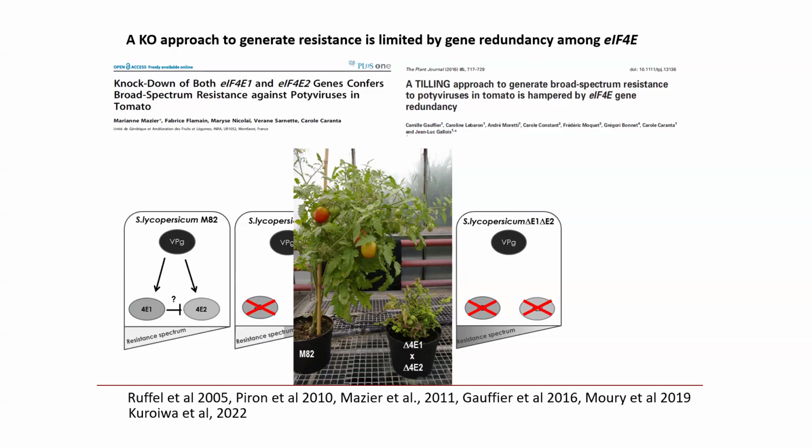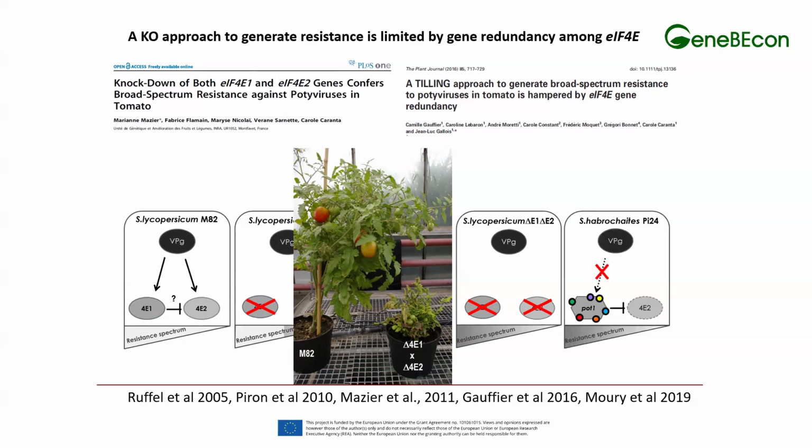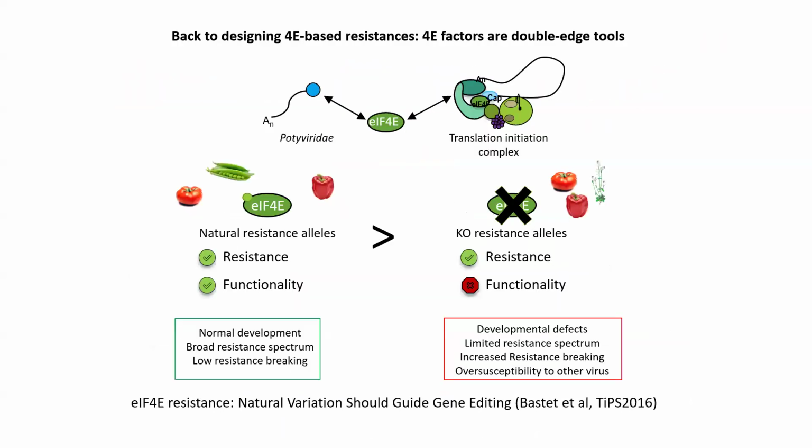And what we know from studying the natural variability is what's going on in a wild accession, for example. As I said, you don't have gene knockout, but you have gene modification associated with amino acid changes. So, to summarize what we know from studying natural variation and domestication in tomato, but also pepper, pea, and so on, you have a trade-off between resistance and development of the plant.